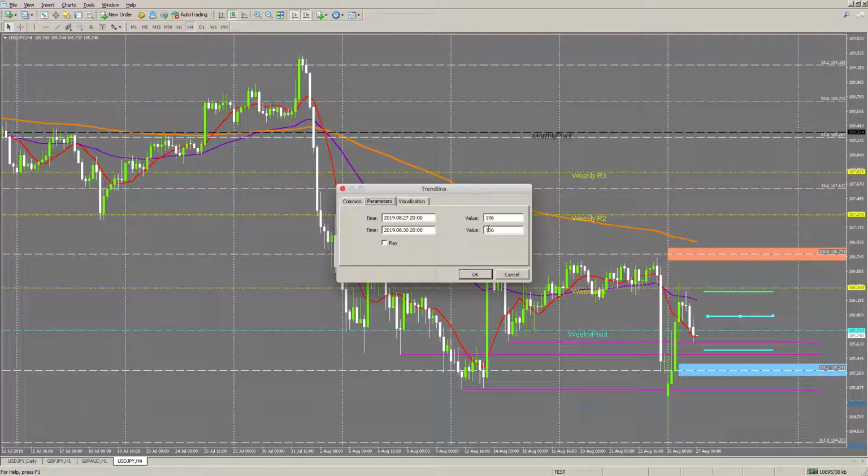And you can set 106 or even 105.95 to allow for spreads.